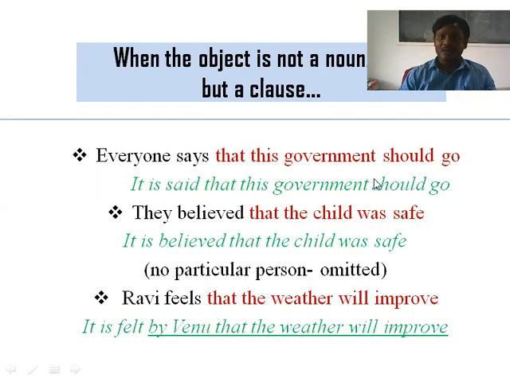All the remaining noun clause should be retained in the sentence. The same is the case with the second one also. They believed that the child was safe. It is believed, the passive form of believed, and all the remaining noun clause, that the child was safe.